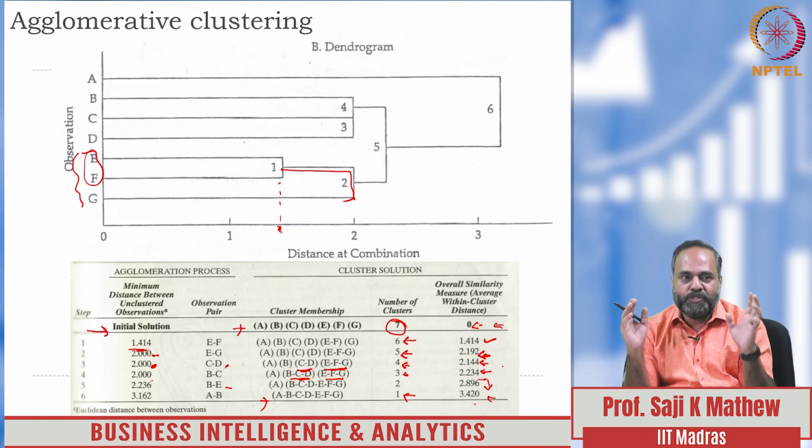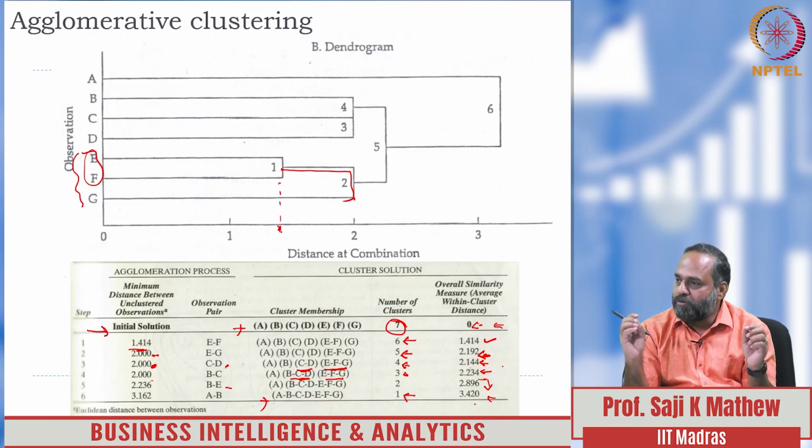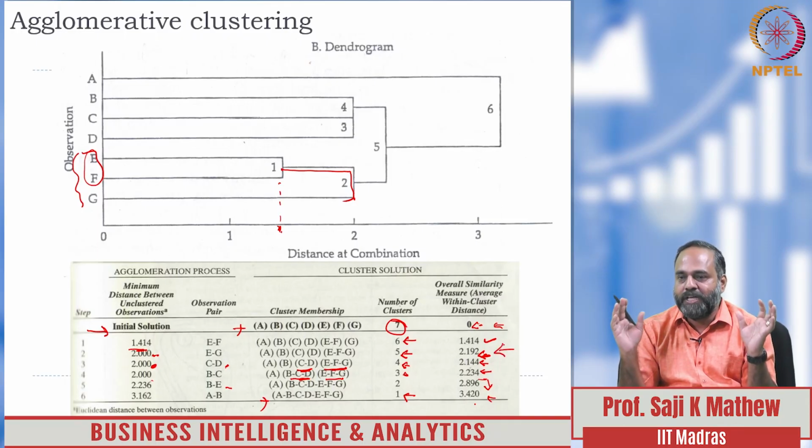The other aspect is that when you form the clusters, the error should not increase too much. What we try to minimize is the total within cluster distance, which is a measure of overall homogeneity that you have acquired.